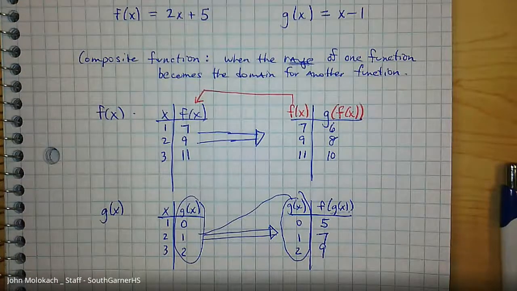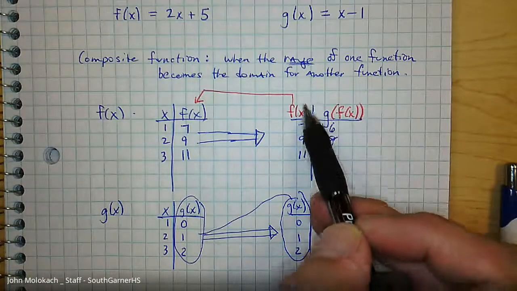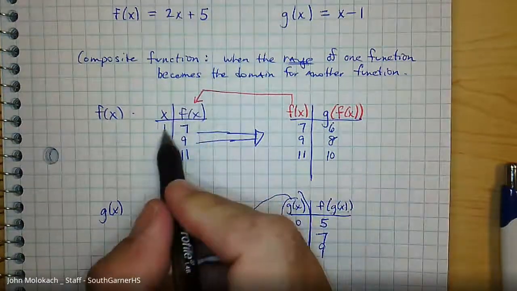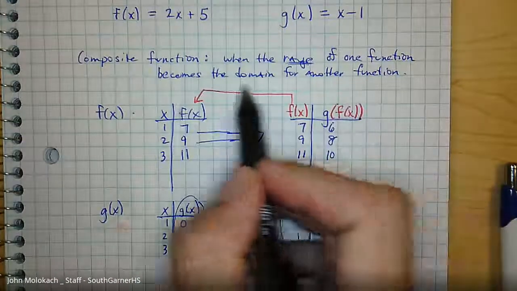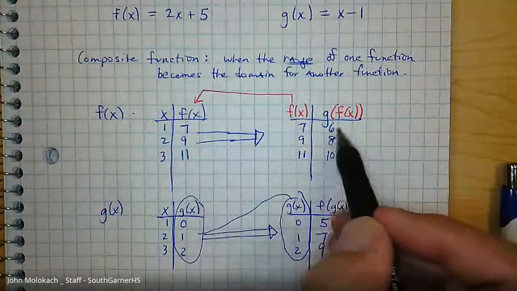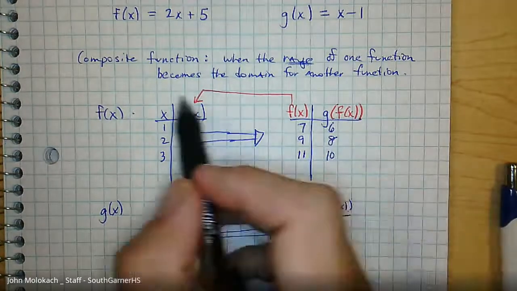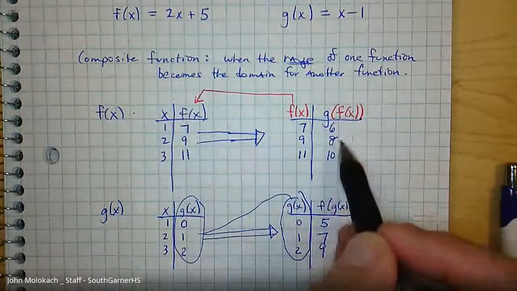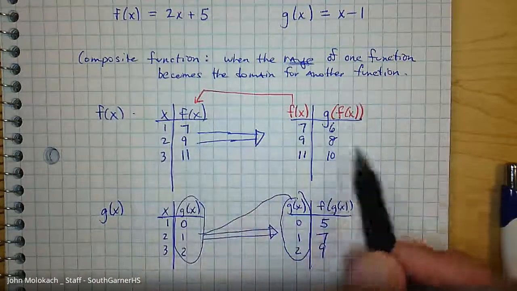If I want to find g of f of x evaluated when x is 1, the answer should be 6. When this function is evaluated at x equals 2, the answer should be 8. When it is evaluated at x equals 3, the answer is 10.